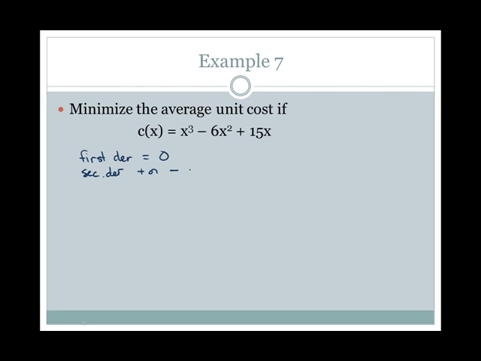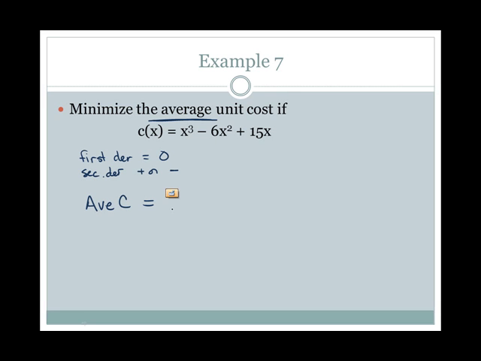Now, we're not going to just take the derivative of C of x, because C of x is the cost. We want to minimize the average cost. So first we have to come up with an average cost function. To find your average cost, you take your total cost and divide it by however many items you are making. Well, our total cost is given by the function x cubed minus 6x squared plus 15x, and we are making x items.